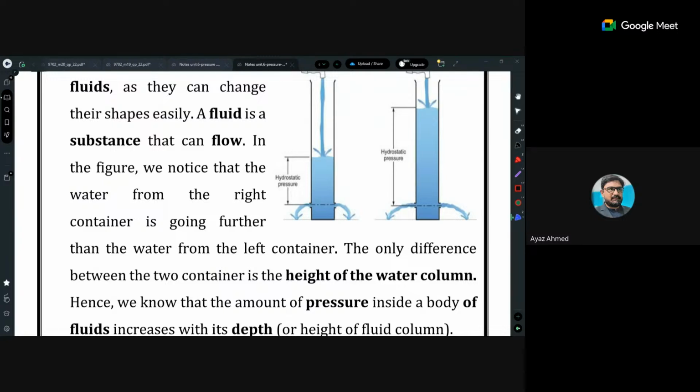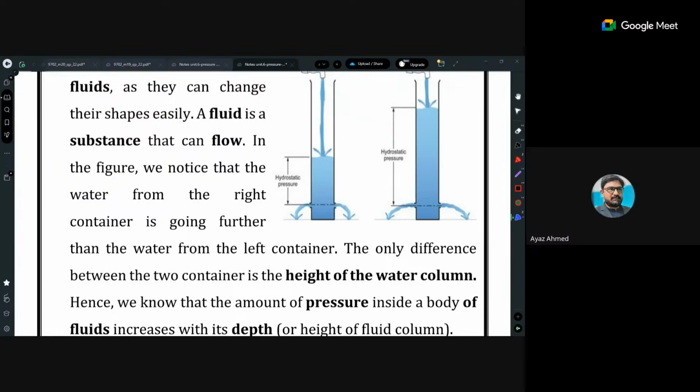It's a very important topic. Density matters a lot. If the density of the fluid is greater, there will be greater pressure. And the third one is the value of gravitational acceleration, or value of G, which is not that variable because most of the time the value of G is the same everywhere.